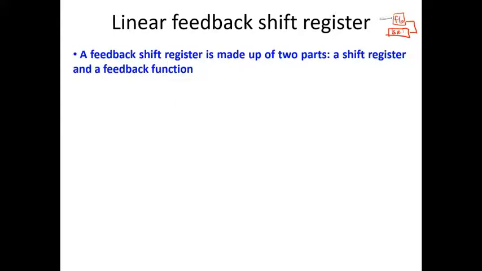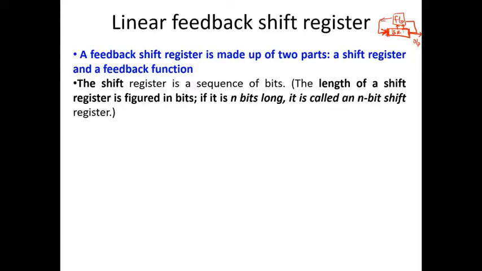It will take some inputs from the shift register and generate an output which will be fed back to one of the bits in the shift register. I can have the feedback coming to the MSB bit position or the LSB bit position, and the other side would be the output. So remember, the output should come in bits. One side it will take the feedback, the other side it would generate an output.